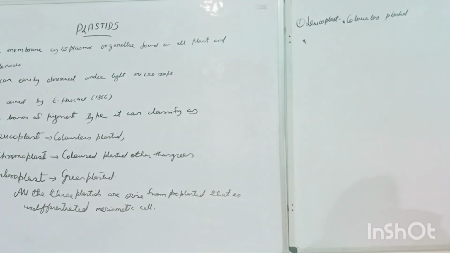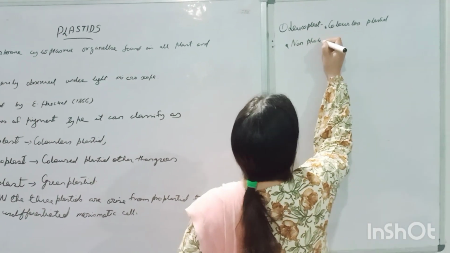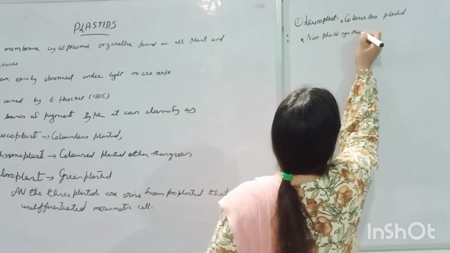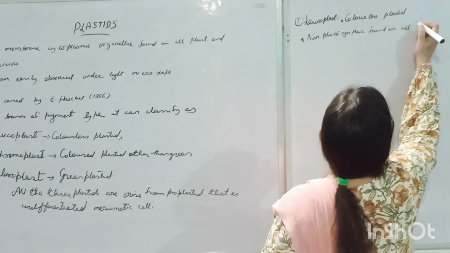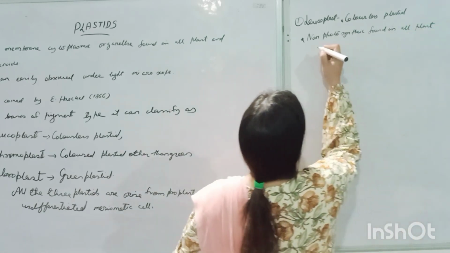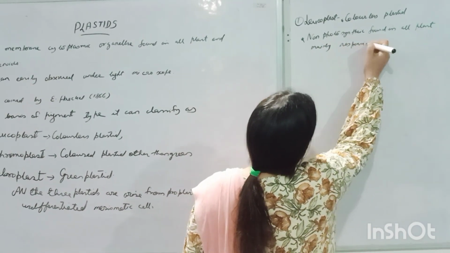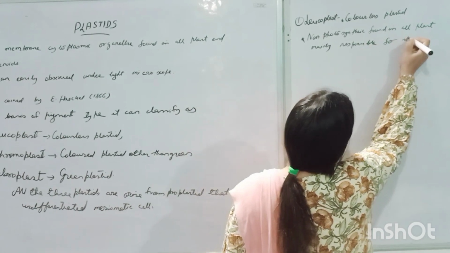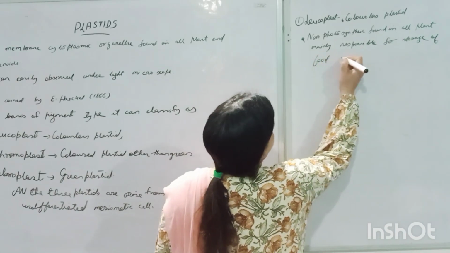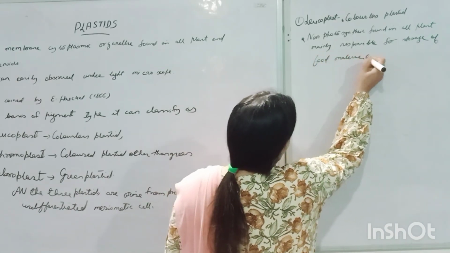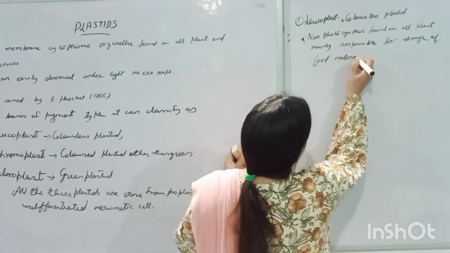It is a colorless, non-photosynthetic plastid found in all plants, mainly responsible for the storage of food materials.